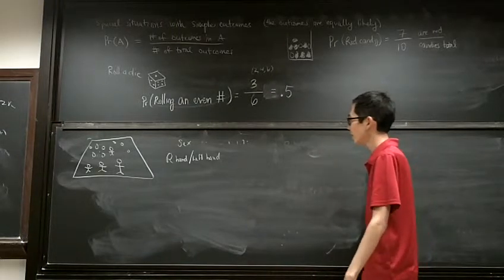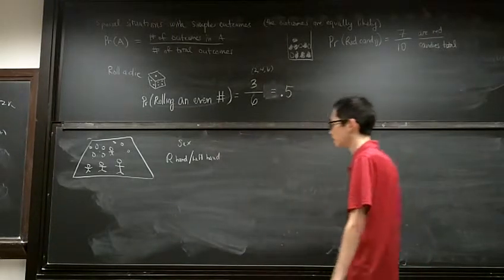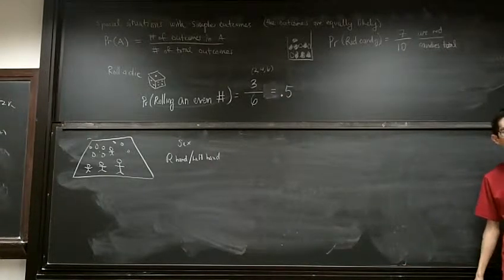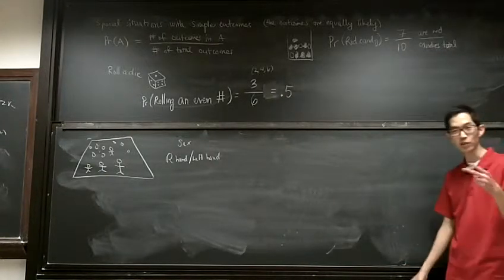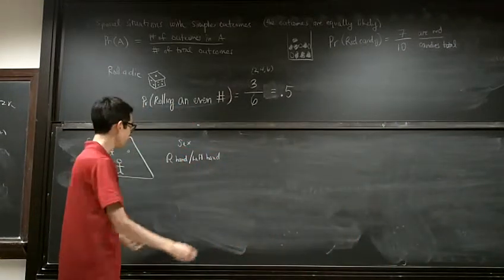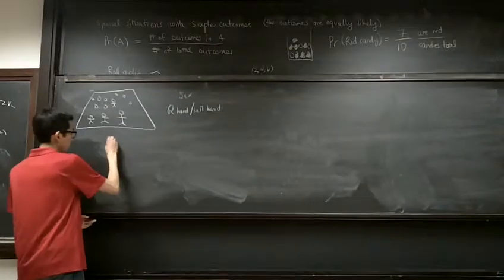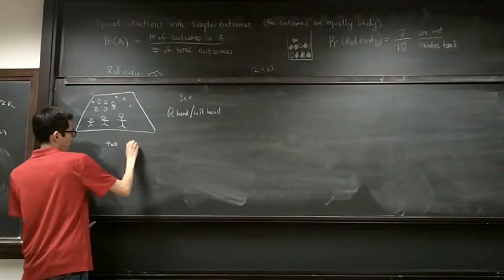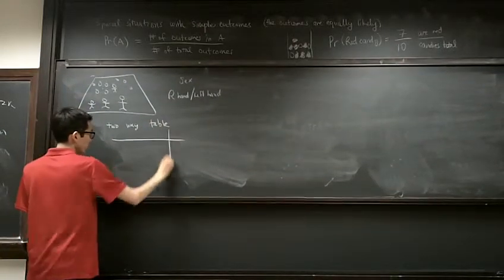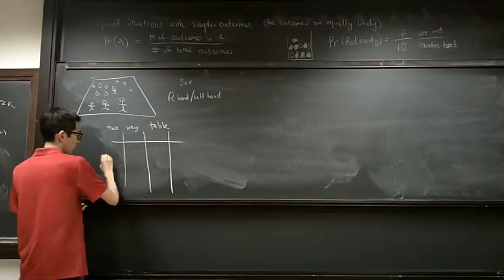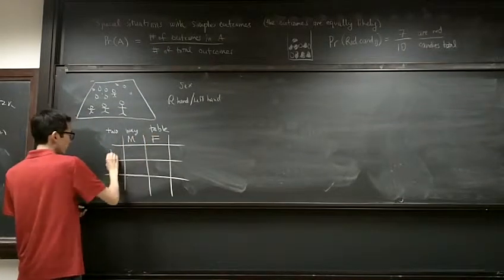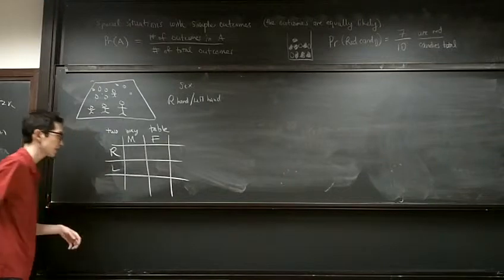How can I summarize all of this information in a table? What kind of table? A two-way table. I've got 2 categorical variables, so I can keep track of this with a two-way table. Let's say I have males, females, right-handed, left-handed.